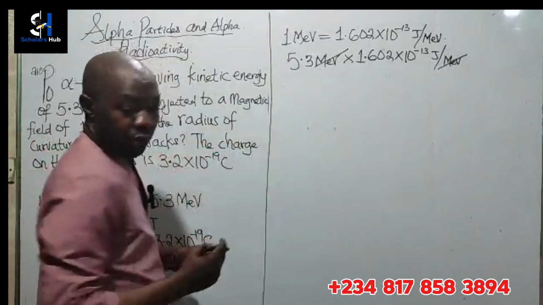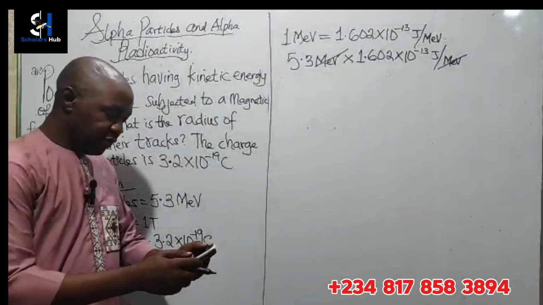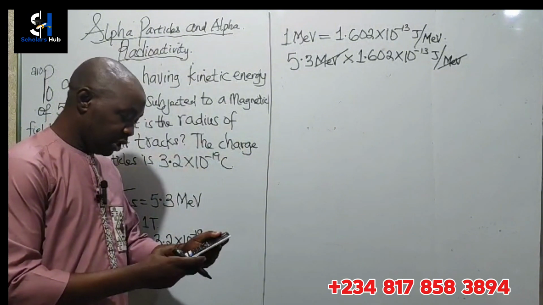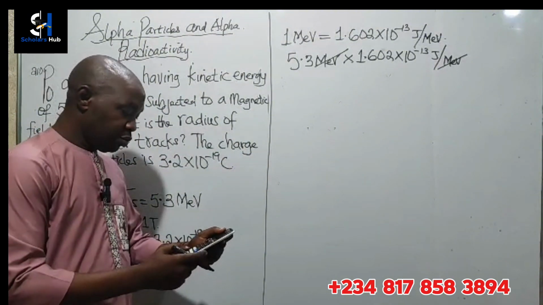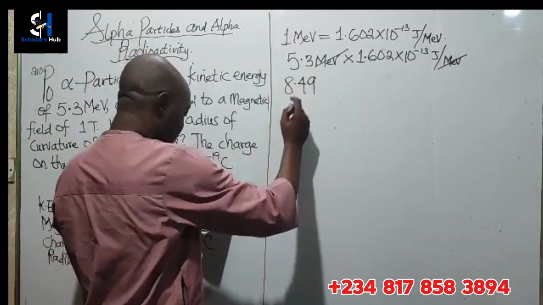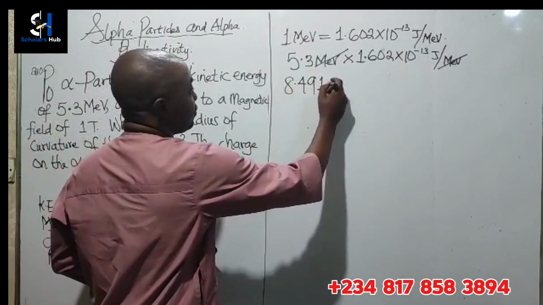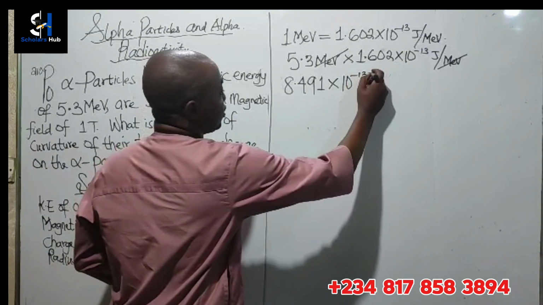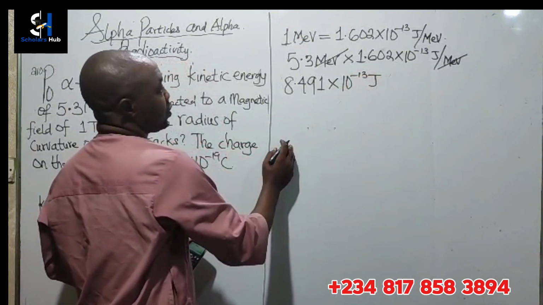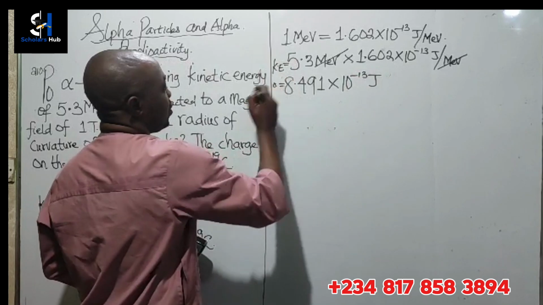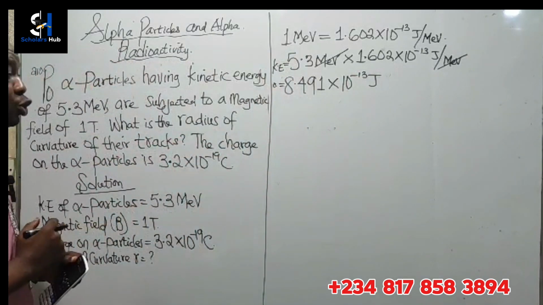Now let's get the value of 5.3 multiplied by 1.602. That would be 8.491, then multiply by 10 raised to the power of minus 13 joules. This is the kinetic energy in joules.